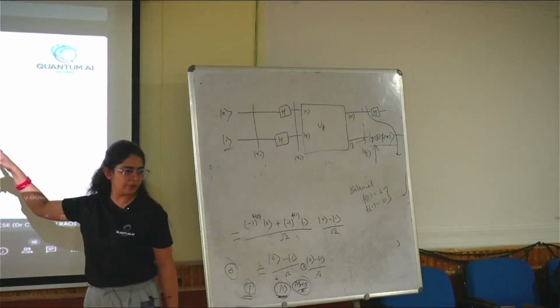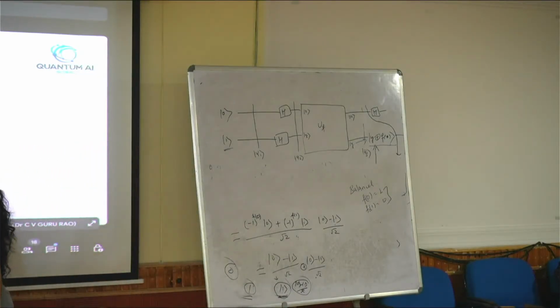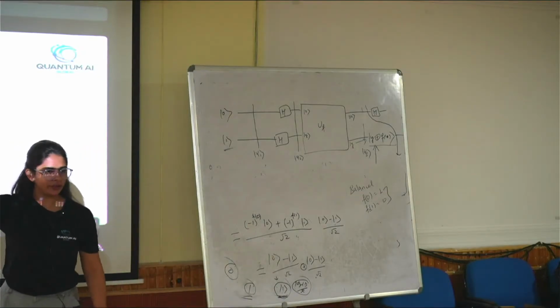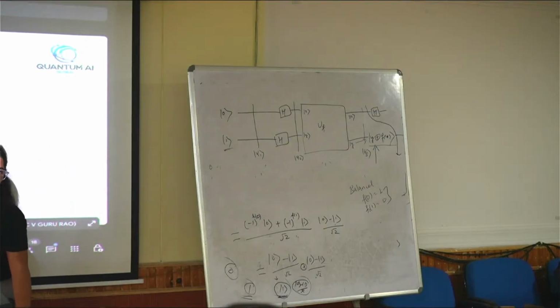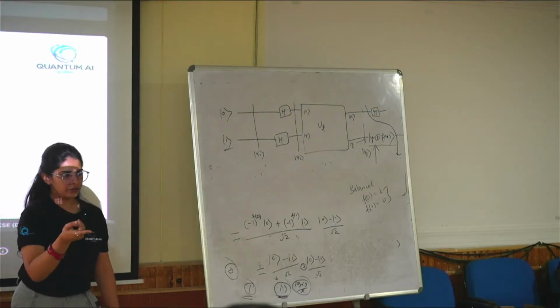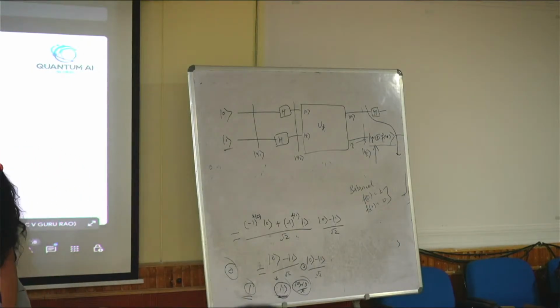Then we are applying the Hadamard gate n times. So we are not considering any 0 plus 1 case over here. We are just taking that there is an x by root 2 to the n. Okay, because root 2 is also coming into the picture n times. So we are applying root 2 power n.